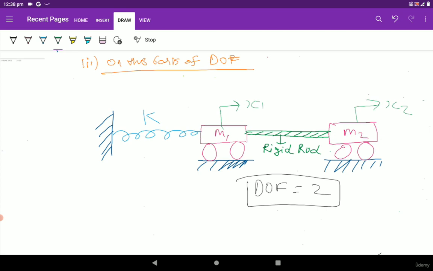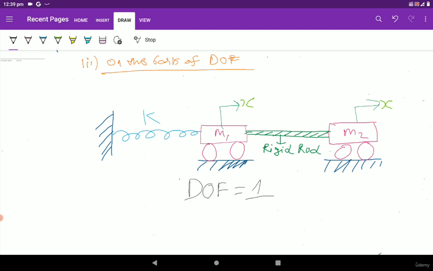In this case, the mass m1 will move by distance x, and mass m2 will also move by distance x, because of the attachment of the rigid rod. So for this system, degree of freedom is equal to 1.